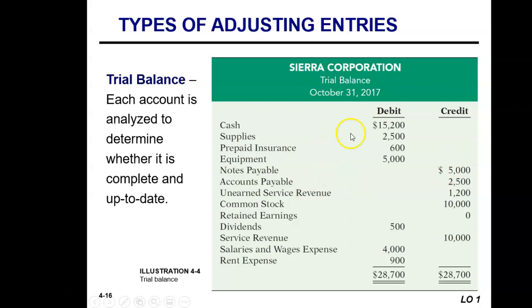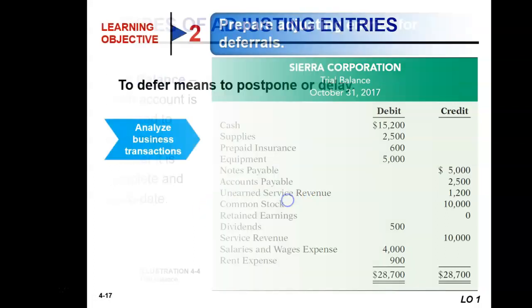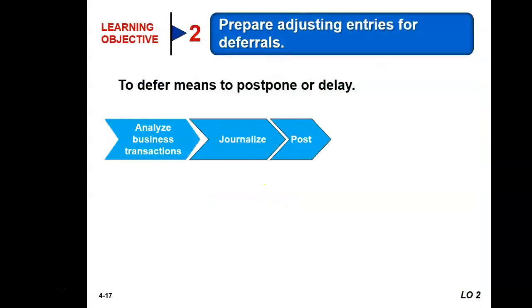So the balances you see here, these are balances before adjustments. We're then going to make some adjusting entries and make sure that every account has been updated before we prepare our financial statements. Okay.